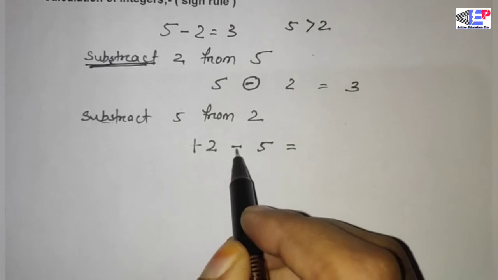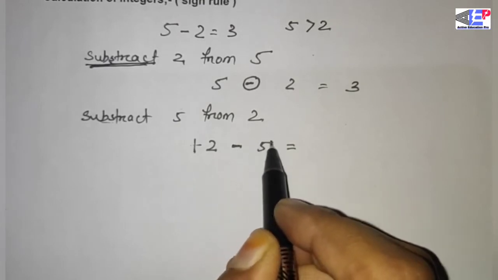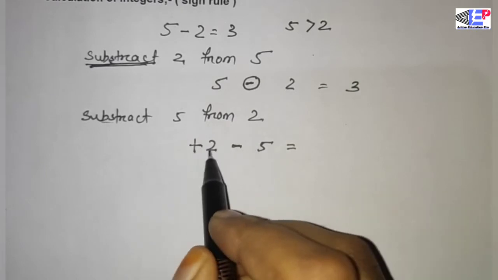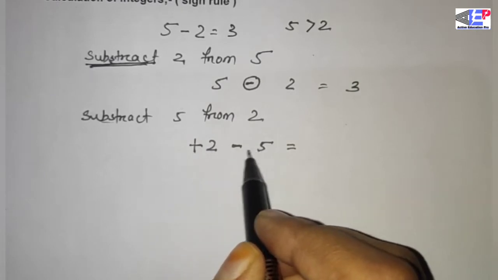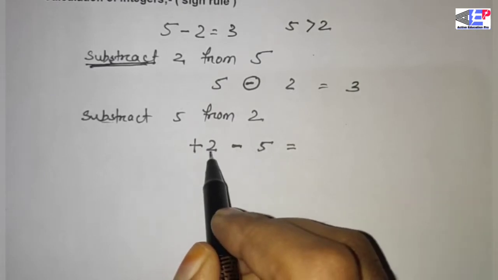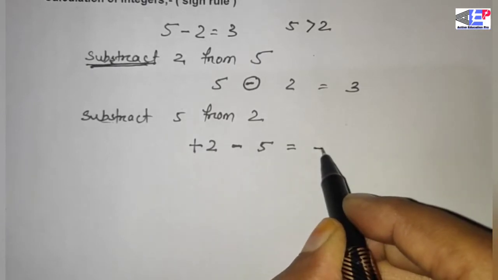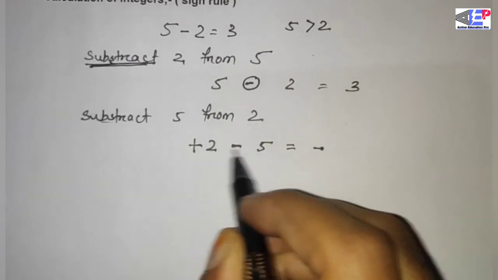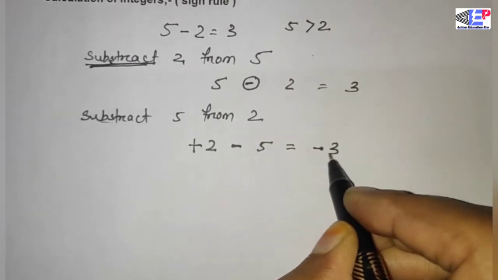And 5 has a negative sign before it. So this is plus 2 and minus 5. Comparing, 5 is greater than 2, so the sign of 5 is the resulting sign. Then subtract the numerals. This is minus 3.